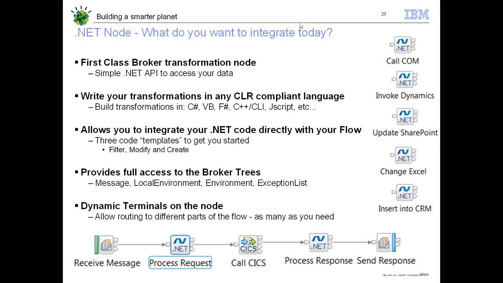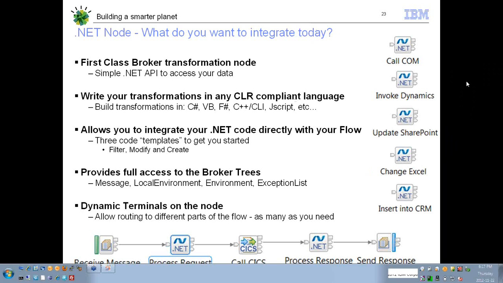On the screen I have shown what you can do with these features: you can invoke Dynamics CRM, call the COM application, or even use the .NET Node to integrate with your CICS application or with MQ applications as well.